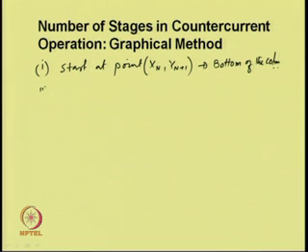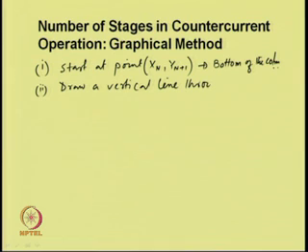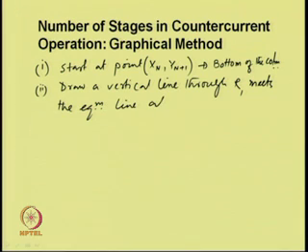and then draw a vertical line through R which meets the equilibrium line at point S, which is x n and y n.